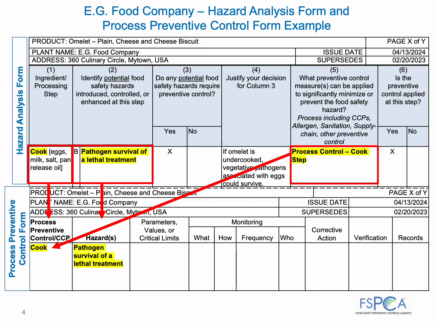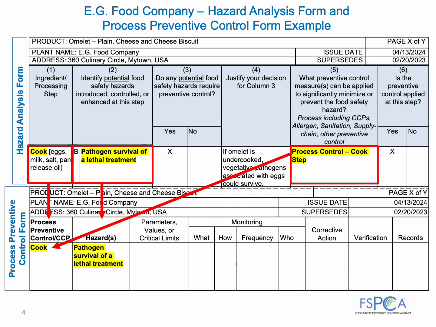As illustrated in this example, the steps identified as requiring a process preventive control, including CCPs, along with the hazards requiring a preventive control, are transferred from the hazard analysis form to the first and second columns of the process preventive control form. This form may be referred to as a HACCP chart if desired.